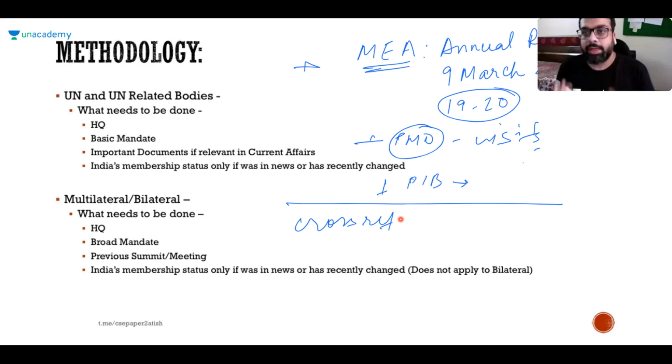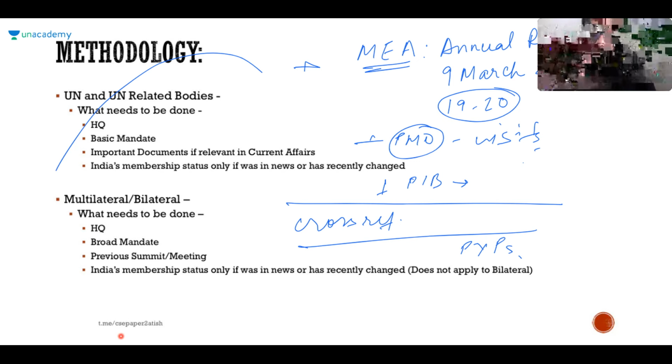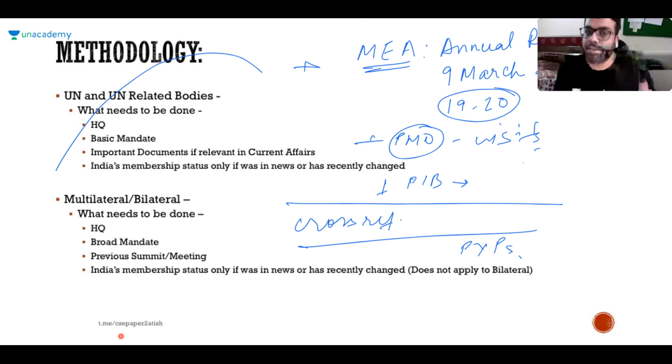Once all of that was done, then I looked at past year papers and I came up with this, that okay, these are the kind of questions that are actually asked. So it was a three-dimensional process: government documents, current affairs, and past year papers. Okay. And that is how I came to a list of these that I think should be done. All right. And once I have this ready, now I'm giving it to you. This is the standard process.